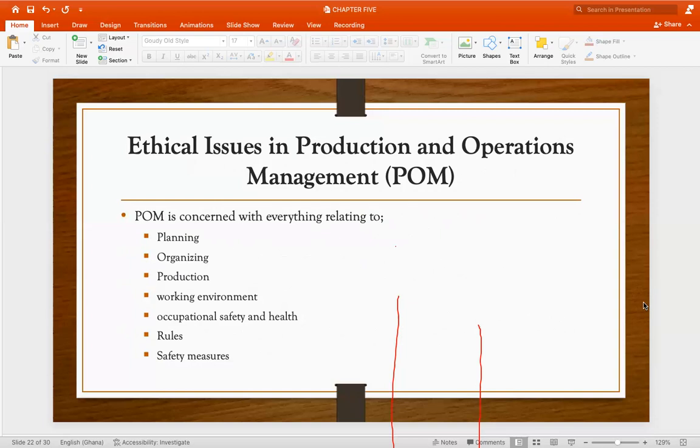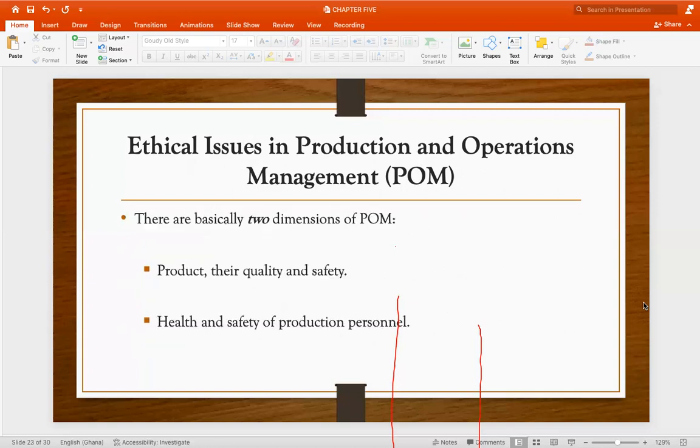So, ethical issues in production and operations management. That is the next one that we're looking at. Production and operations management is concerned with everything relating to what we know as managers: planning, organizing, production, work environment, occupational safety and health, rules, safety measures.